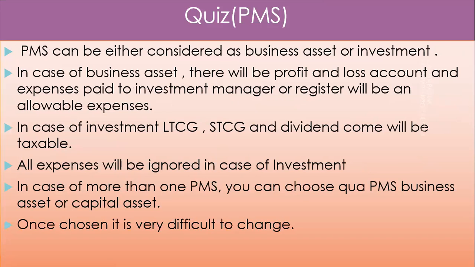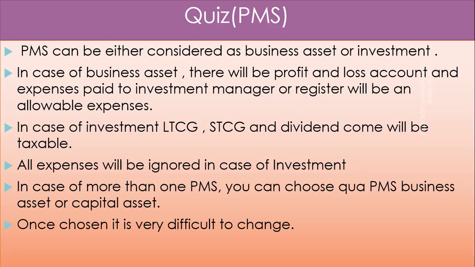PMS can be considered either as a business asset or an investment. Qua PMS, one PMS I can say is an investment, another PMS I can also say is an investment. But once I have decided, I cannot change it frequently. In case of a business asset, there will be a profit and loss account.